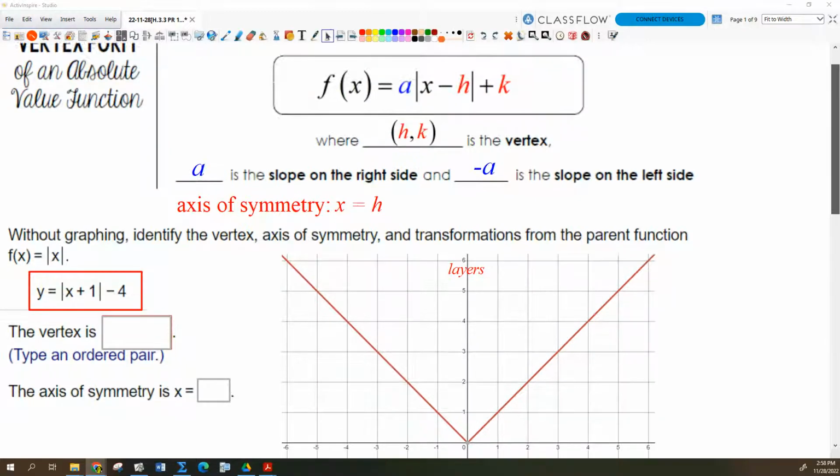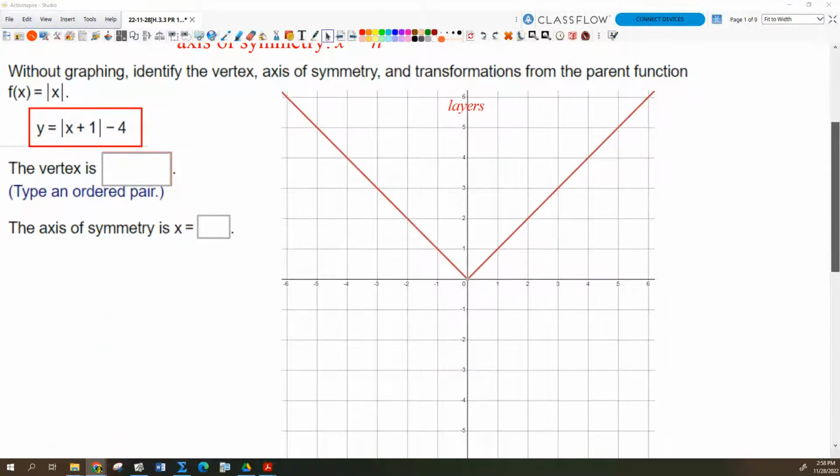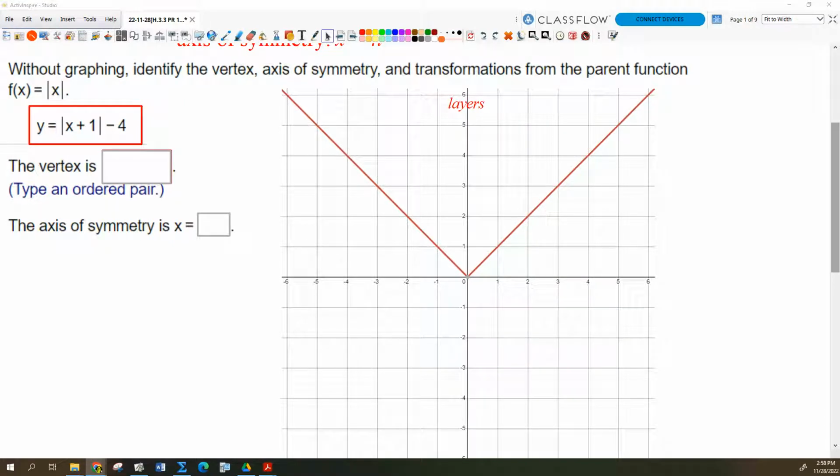So what about this guy here then? The vertex is located where? For this new absolute value function, what are the coordinates of the vertex? (-1, -4), right? Everybody see that? Because -1 is the number that's being subtracted from x inside the function, right? Remember that in vertex form, the sign of h is always the opposite of the operation that connects the number to x.